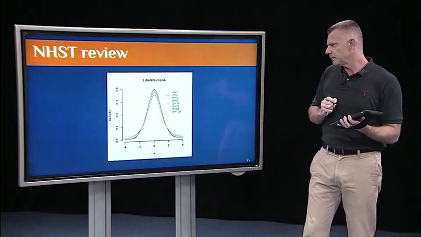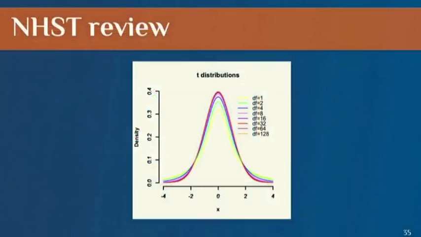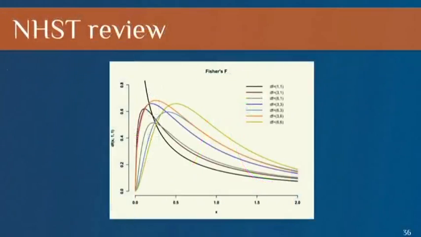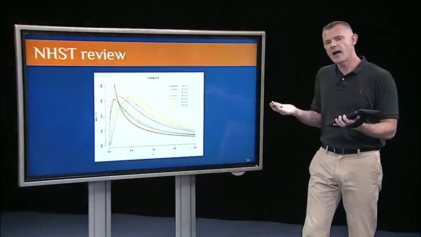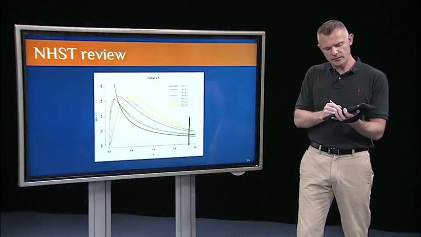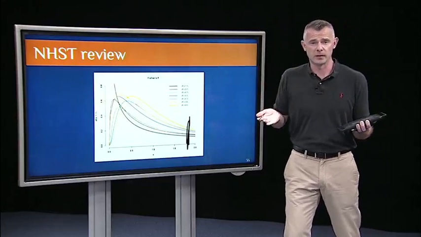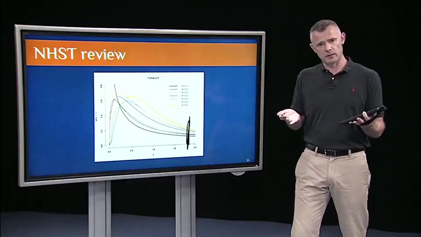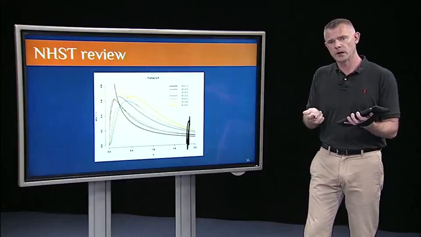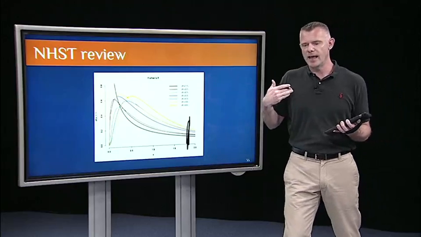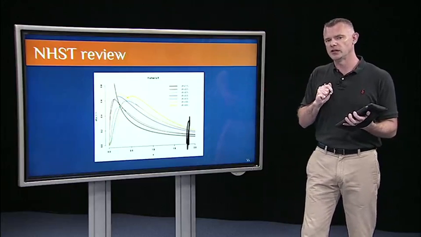What that means is if I have this family of t distributions or family of F distributions, and there's really nothing going on, but I do the experiment over and over again 100 times, then 5 times out of 100, I'm going to get a fluky outcome, one that's way out in the periphery, and I'm going to claim that there's a significant effect. That's a false alarm, even if the null is true. That can happen anytime we engage in NHST.